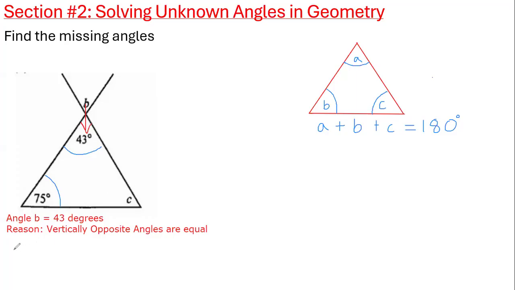So in order for us to get angle C, what do we have to do? We have to first add 43 degrees plus 75 degrees. 43 plus 75 gives us what? 118.